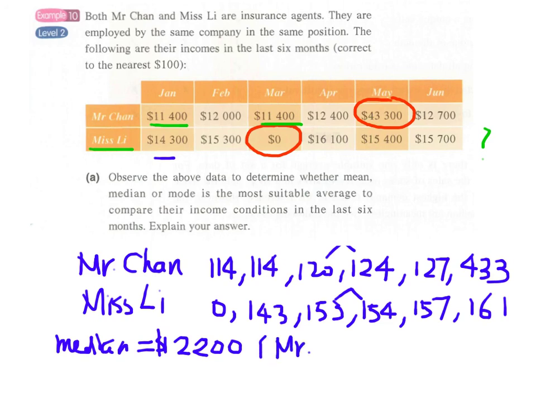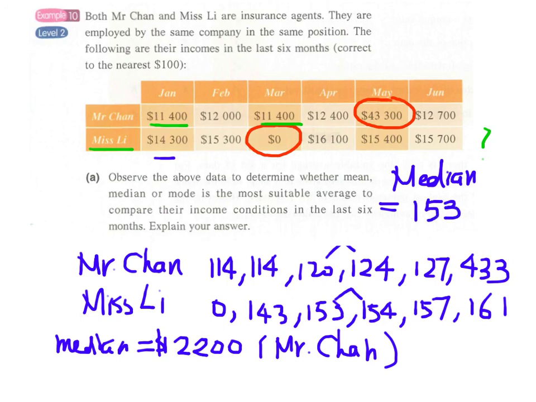This is Mr. Chen. And for Ms. Lee, the value will be $15350. This is Ms. Lee.